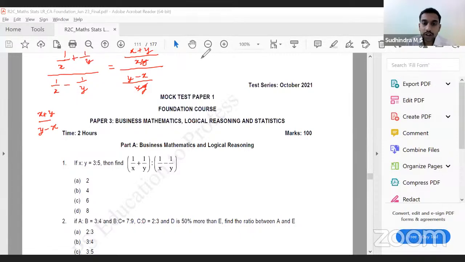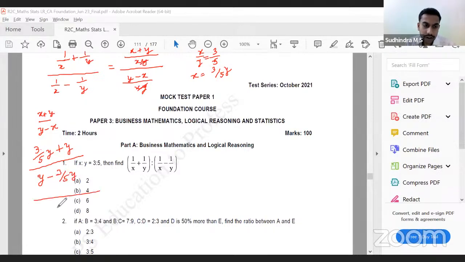What are they given? X is to y is 3 is to 5, or x by y is 3 by 5, or I can say x is equal to 3 by 5 y. So substitute the same here. Instead of x, 3 by 5 y: 3 by 5 y plus y divided by y minus 3 by 5 y.